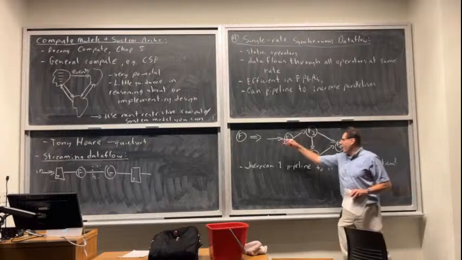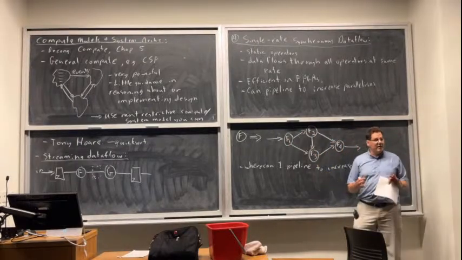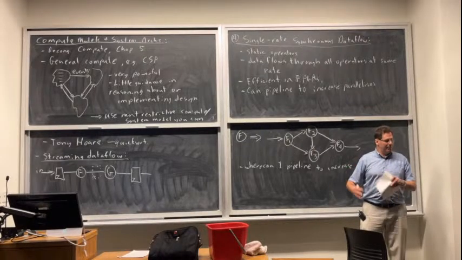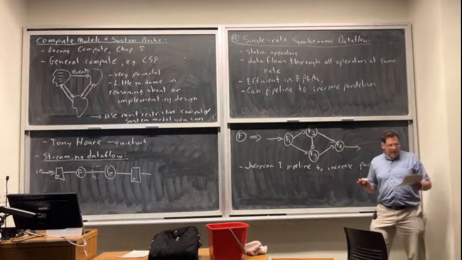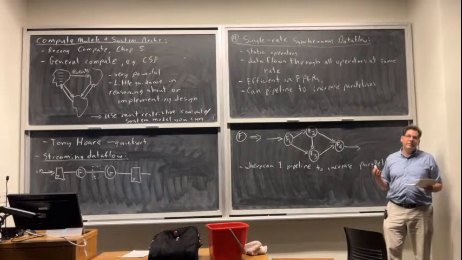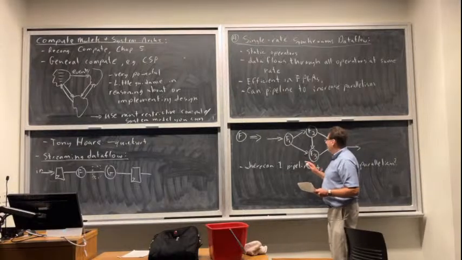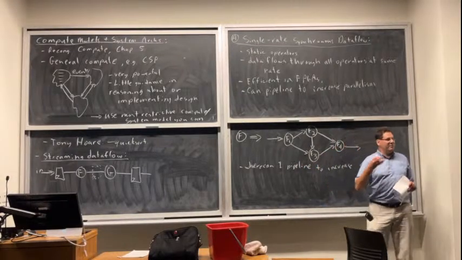But if we add the same amount of latency to every path from input to output, it actually means that our data is all still lined up at every operator internally. So that's right. Now it turns out that you can simplify that a bit. But that's completely correct, and that's actually the fundamental constraint.